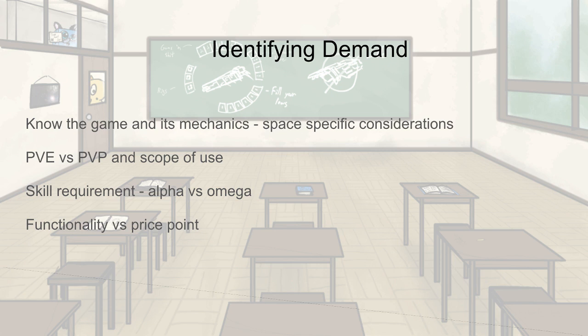Now, the price per unit and therefore the eventual profit per unit may be a lot lower than Tech 2 modules. The volume just simply outpaces it. Right? There's simply more people that would be able to use meta modules versus Tech 2.